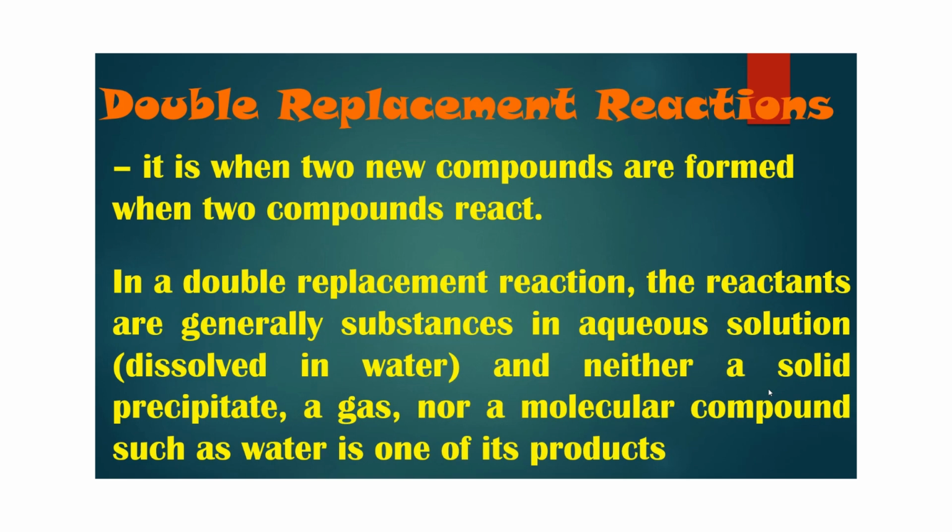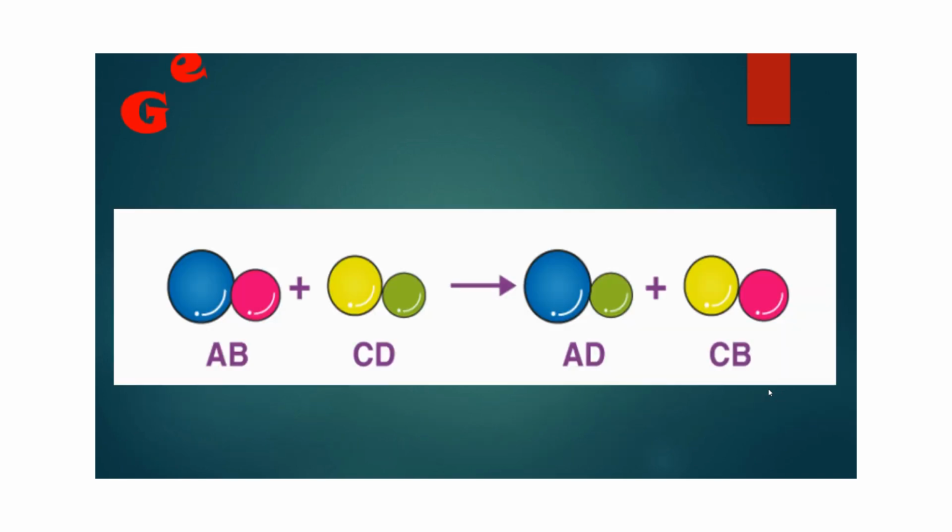The general formula is: the compound AB reacts with the compound CD to yield compound AD and compound CB.